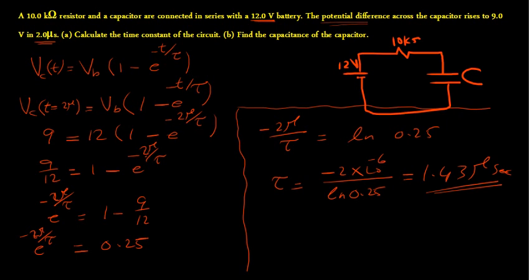Now to find the capacitance of the capacitor, that should be a very quick and easy one to do. We can go to the next page and say tau equals R times C, so C will equal the time constant divided by the resistance.